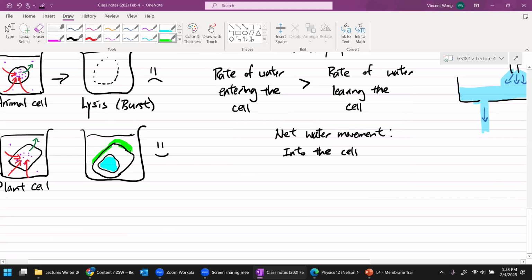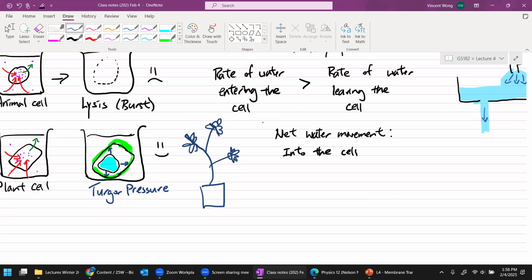So the cell wall is going to protect it from bursting, and the full central vacuole is actually going to push against the cell wall, and it creates what's called turgor pressure. And this pressure allows the plant to basically stand up really tall. And then all the leaves are going to open up, nice and plump. The plant loves it.